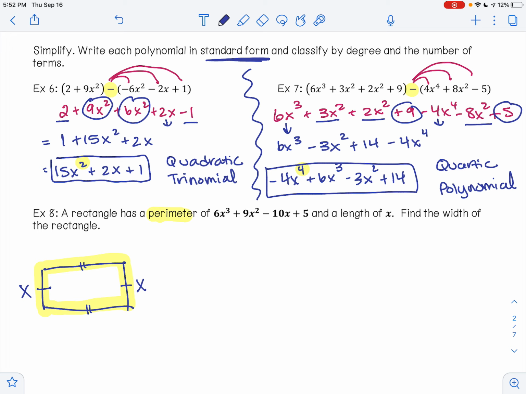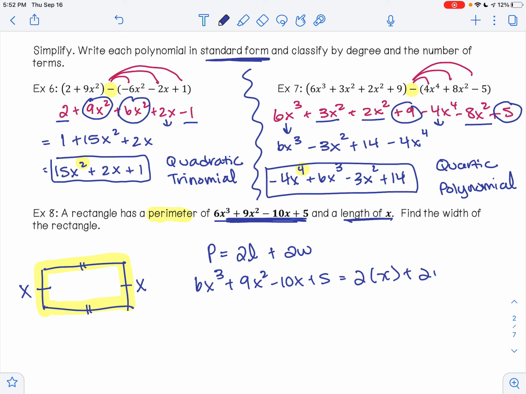And this side is the same as this side. So if I know the total is this, then I can find the missing side length, right? Because we know that perimeter is 2 times the length plus 2 times the width. They tell us that the perimeter is 6x cubed plus 9x squared minus 10x plus 5, and they also tell me the length is x. So I can just solve this equation for w to find the width, right?